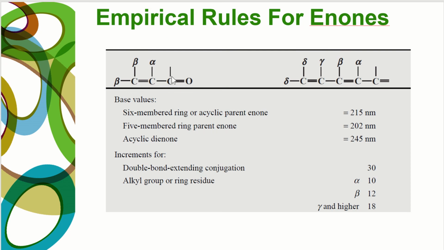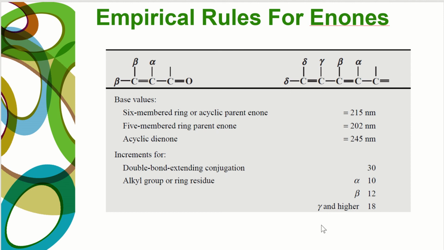As we said, this one does not count. The alpha counts, but that's a 10 nanometer addition if you have an alkyl group or ring residue. If you have beta, as we saw already, that's a 12. Gamma, delta, gamma or higher, you add 18 nanometers, right?